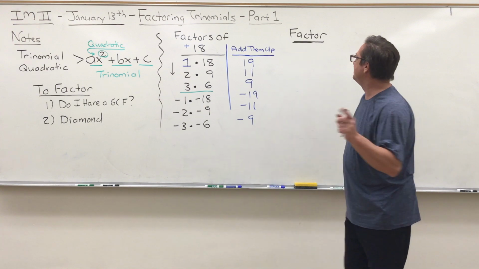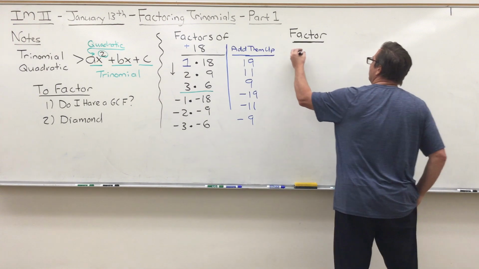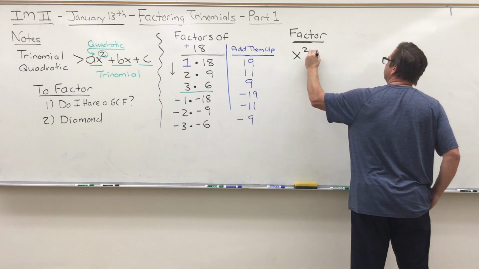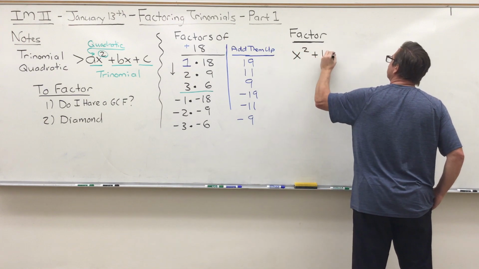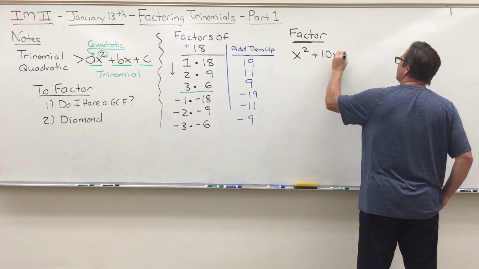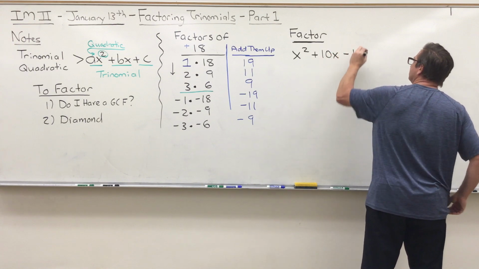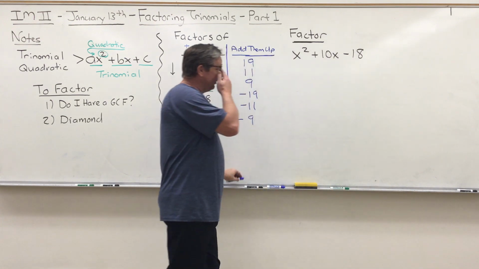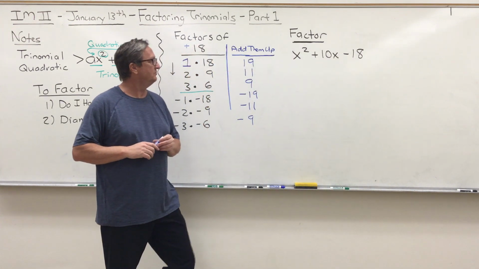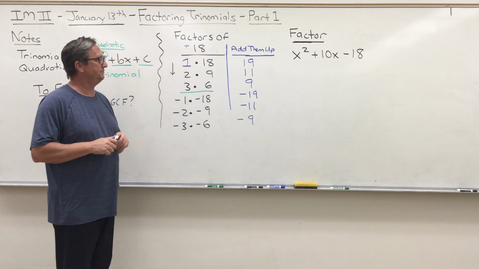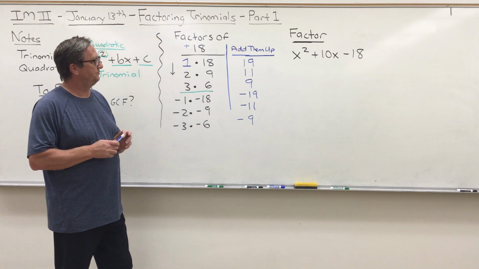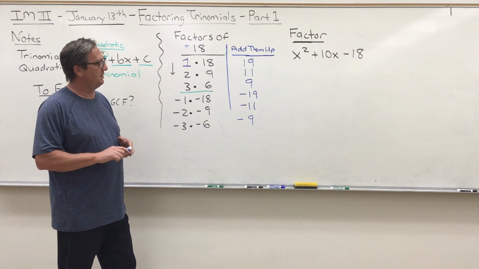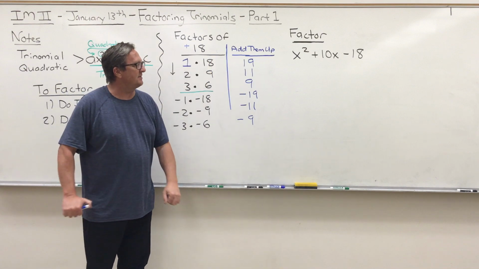Let's get to high school and say, what if I gave you this problem? We're going to factor x squared plus 10x minus 18. So I have x squared plus 10x minus 18.